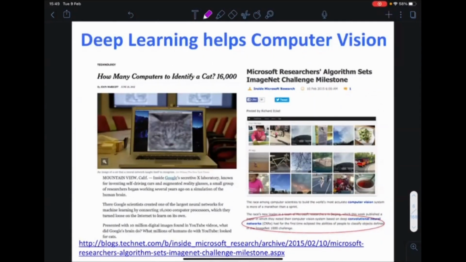Same case with computer vision, right? It started with Google doing this unsupervised learning, and also various classification tasks like ImageNet. For example, the success of convolutional neural nets, which is also a deep learning network.